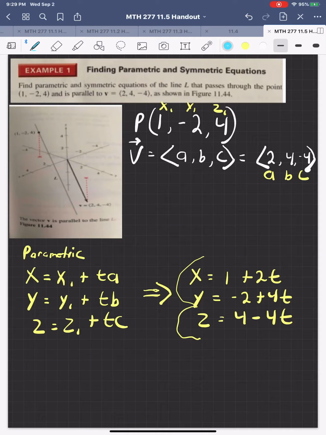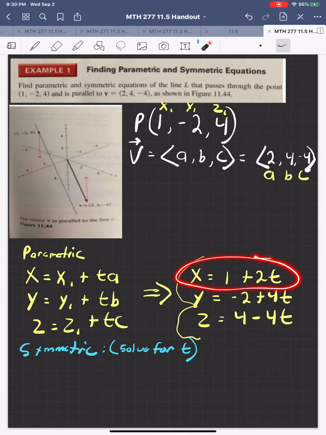So for the symmetric, the first thing you need to do is solve for t. So we end up with, if you solve the following equation for t, you get x minus 1 over 2.